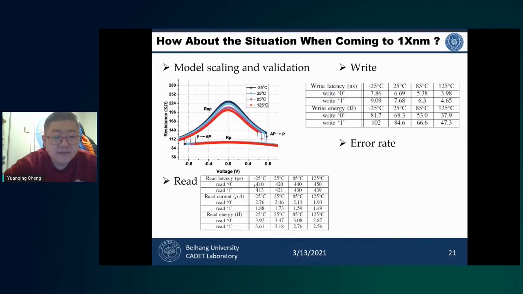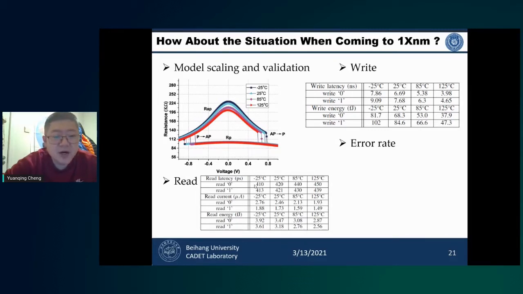Before we talk about the circuit design, we are also very interested in the model scaling in our thermal analysis. That means how the thermal effect behaves in ultra deep submicron technology nodes, for example, when the technology node shrinks down to 1x nanometer, such as 11 nanometer or even sub 10 nanometer.